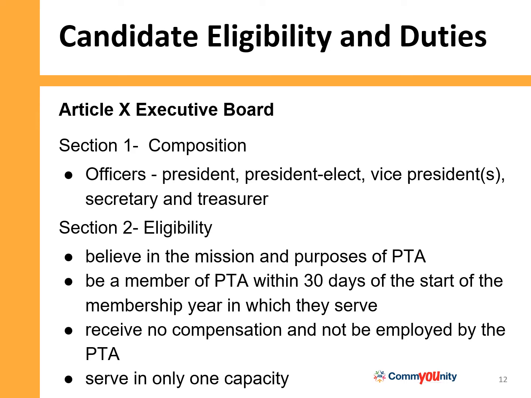The president has a couple more eligibility requirements. They cannot be a council president and a local president at the same time, and not be a member of nor announce candidacy for the school board. As you look for candidates, you'll want to make sure each one is aware of and willing to be bound by these eligibility requirements.